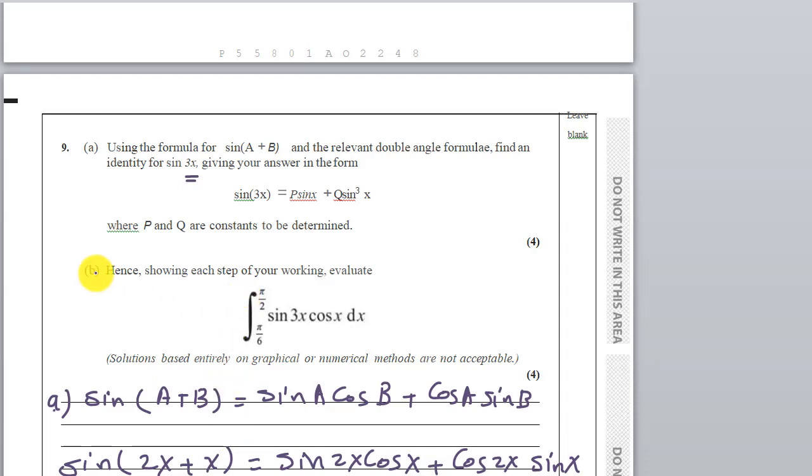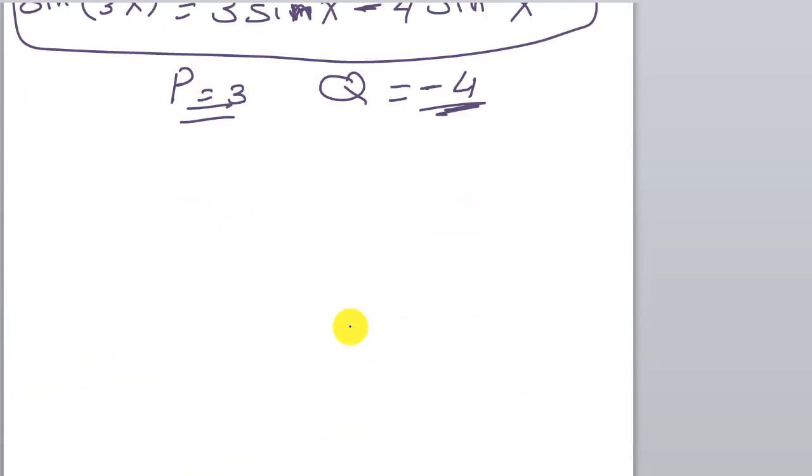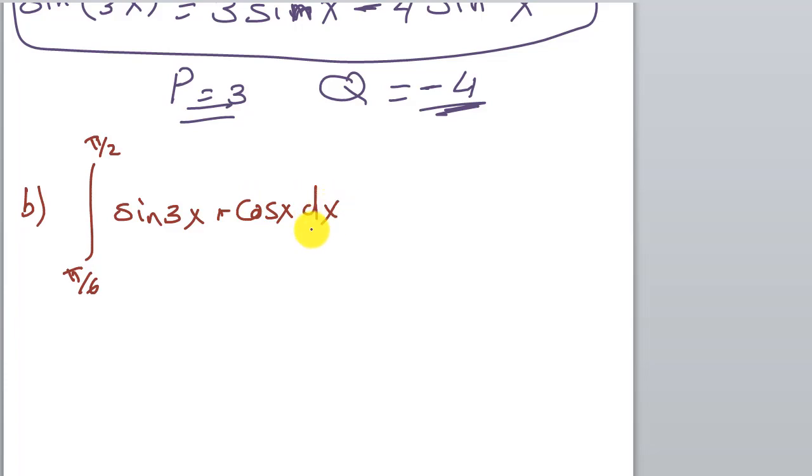Let us go ahead. Hence, showing each step of your working, evaluate the integration from pi over 6 to pi over 2 of sine 3x cosine x dx.